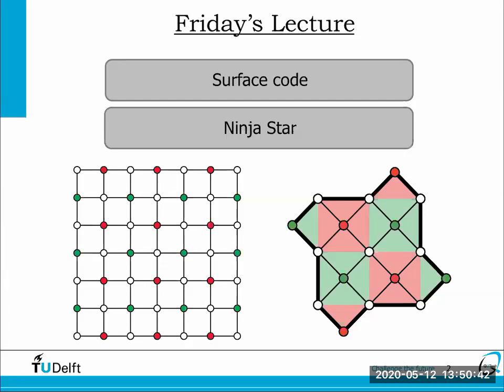Now we also talked about a specific form. We discussed two ways of encoding logical qubits in surface code. Do you remember what those two types of logical qubits in surface code are?